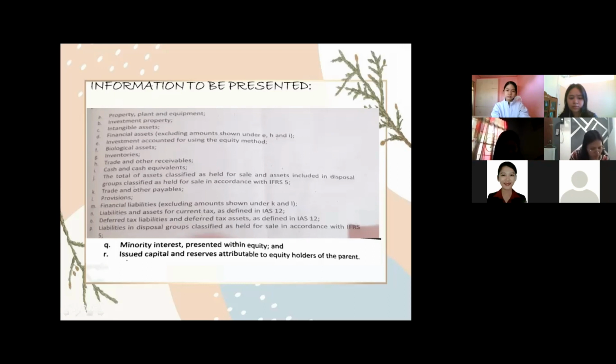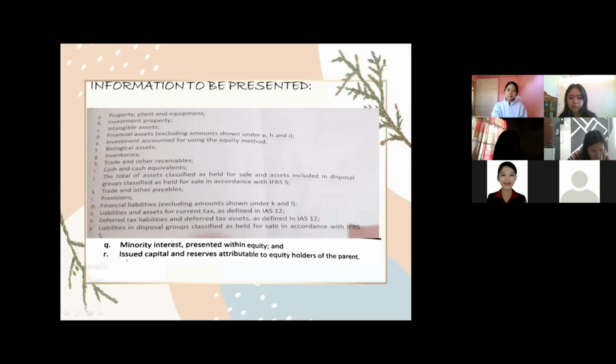F. Biological asset. G. Inventories. H. Trade and other receivables. I. Cash and cash equivalents. J. The total of asset classified as held for sale and asset included in disposal groups classified as held for sale in accordance with IFRS 5.